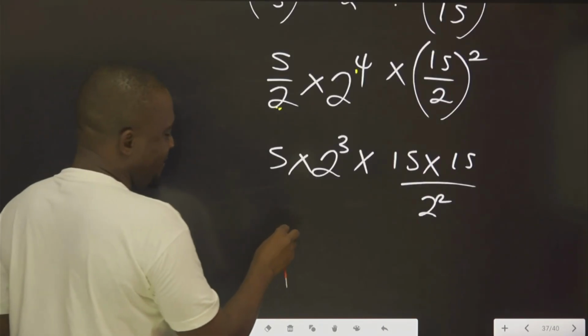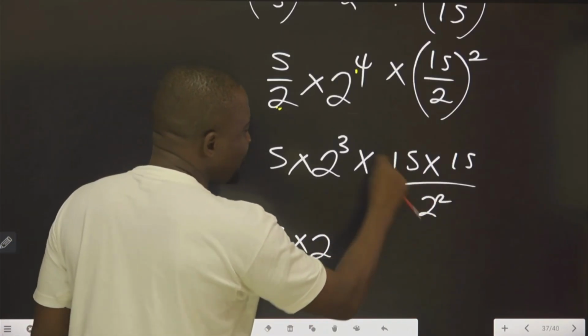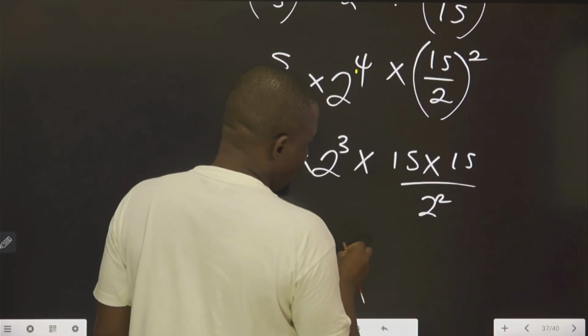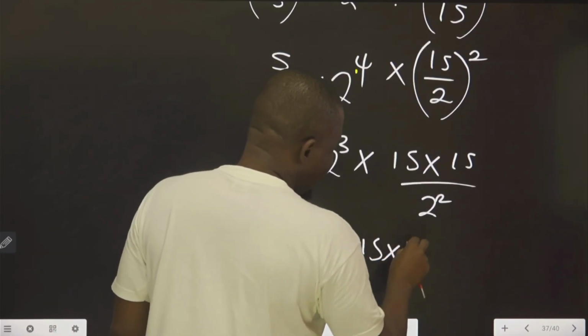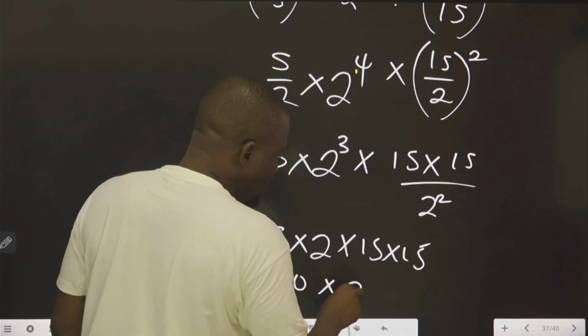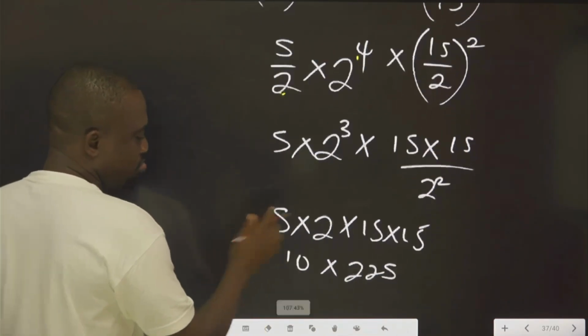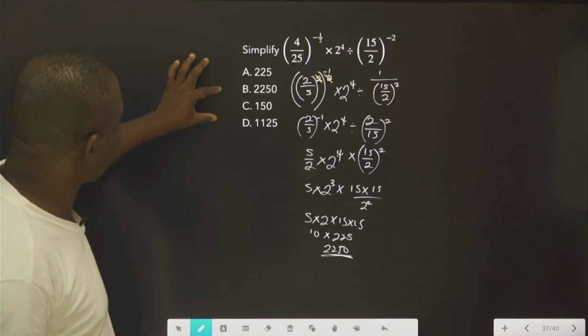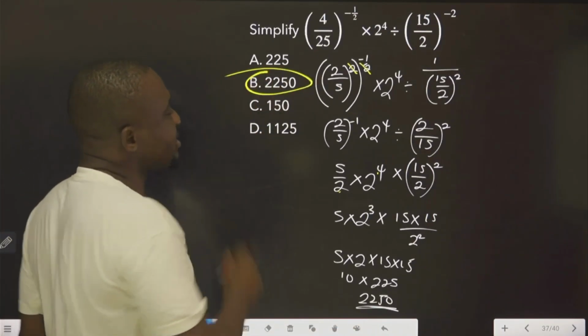That is to say 5 times 2 because 2 of this will remove 2 from here, remaining 1. Remember indices. You now have 15 times 15. This is 10, 2 to 5. So 2250. So now, you can see B is the answer.